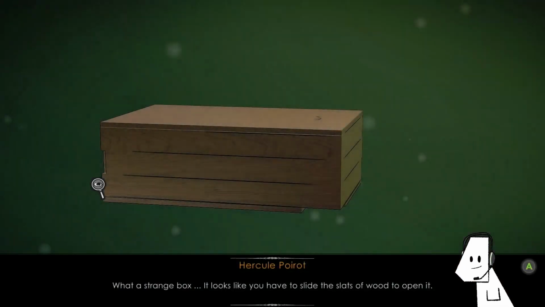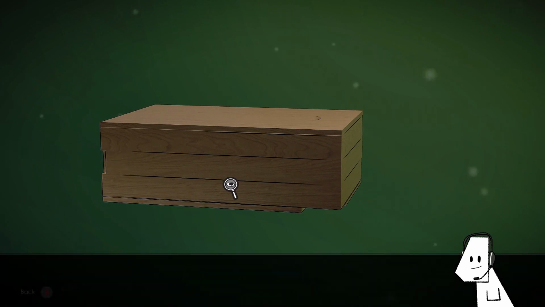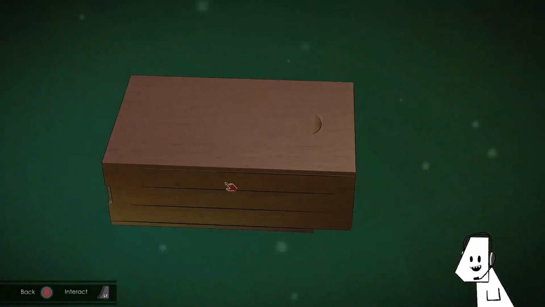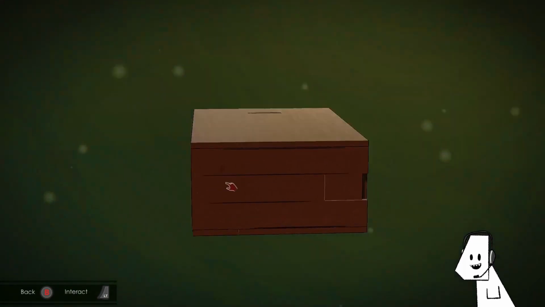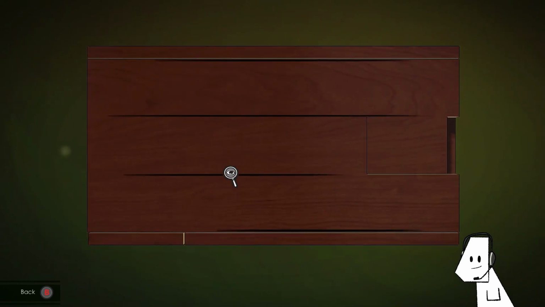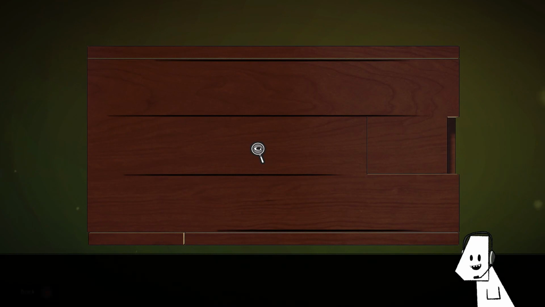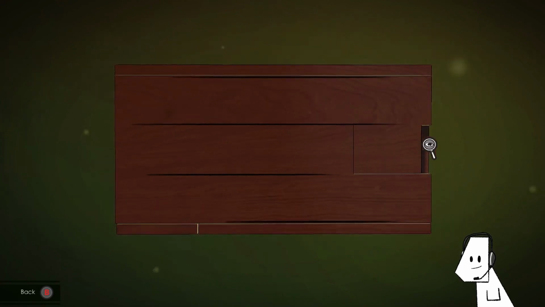What a strange box. It looks like you have to slide the slats of wood to open it. Oh no. A puzzle box. Okay. Well, we can slide this one, can't we? It is blocked. It looked like this one was able to slide, but apparently not.